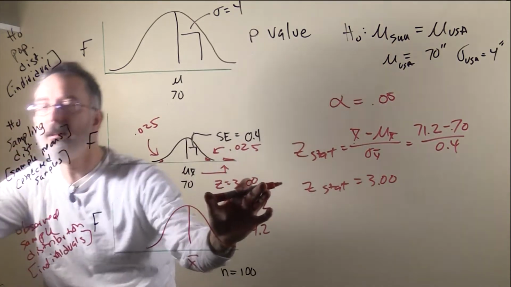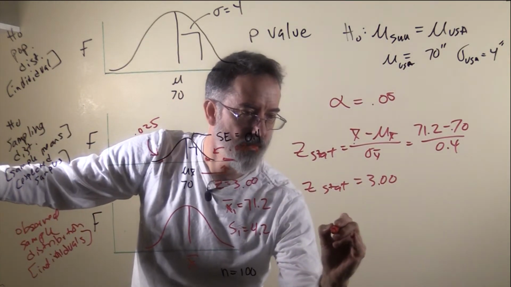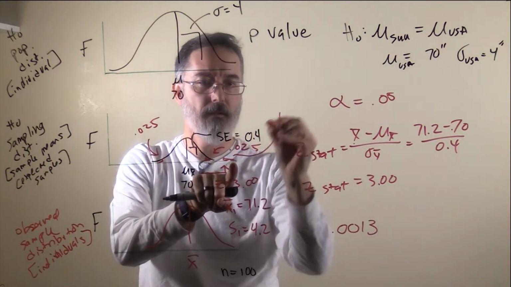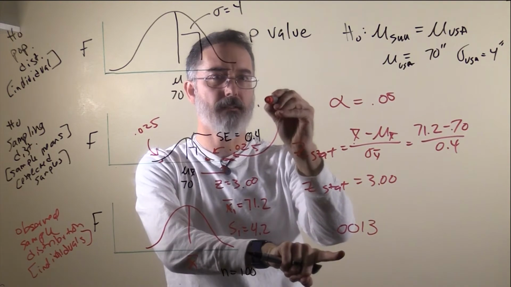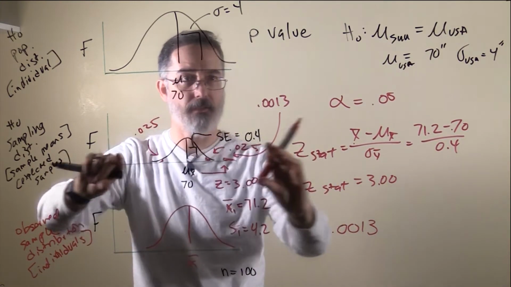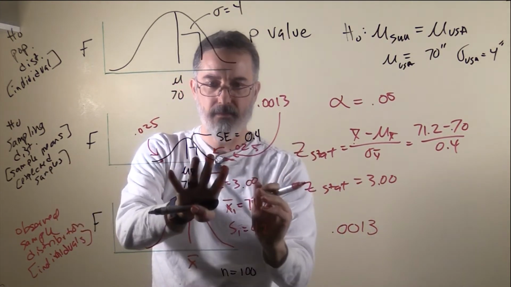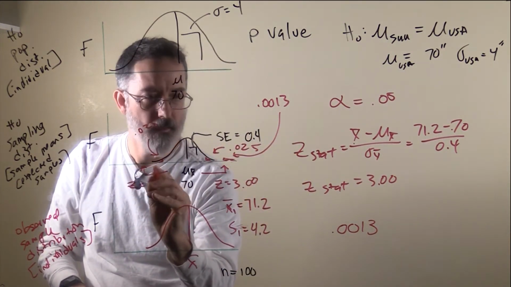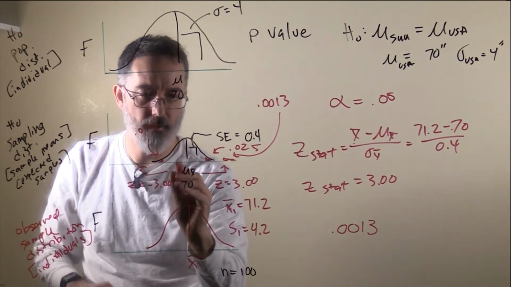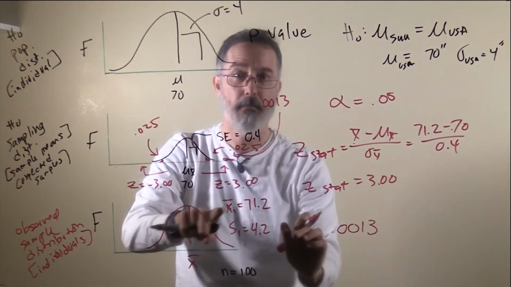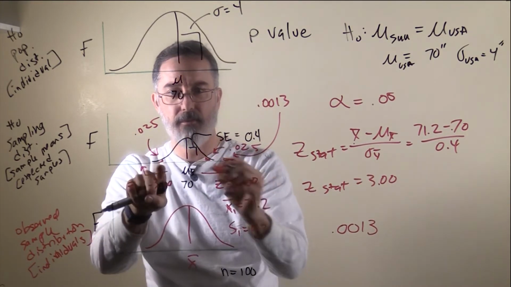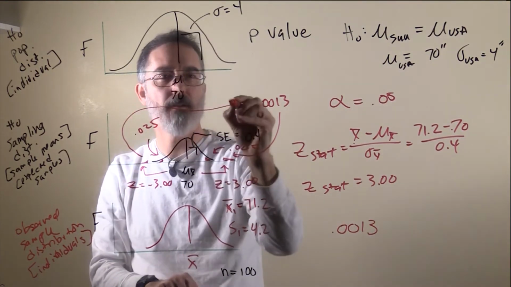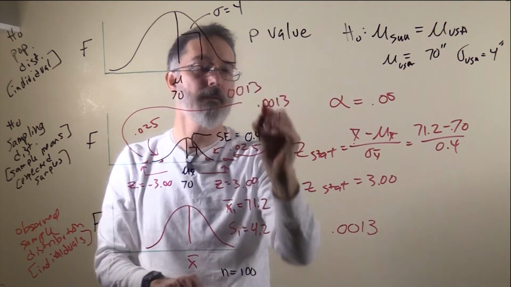And I did that earlier, and I found that that value is 0.0013. So this colored in area is just a little bit, 0.0013. It's a very small part of this overall curve. It's a symmetrical distribution, so when we look up the other half, because we're interested in extreme scores on either side, the area beyond 3 on this side is also going to be 0.0013.